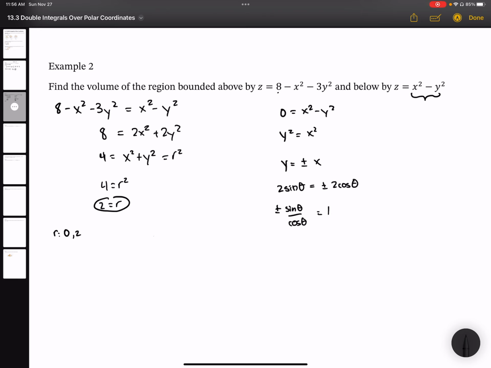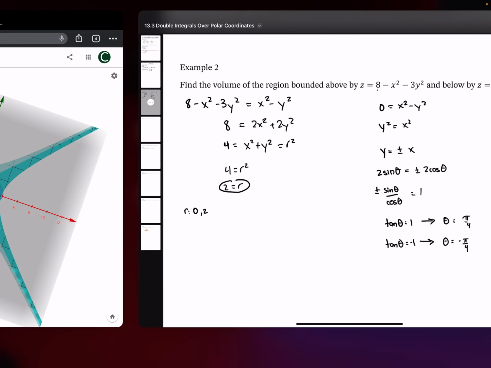Well, that's tangent theta equals 1 and tangent theta equals negative 1. Those are the two equations that we're solving. So tangent theta equals 1 implies theta equals positive pi over 4, and tangent theta equals negative 1 implies theta equals negative pi over 4. So those are our limits for integration for our angle.